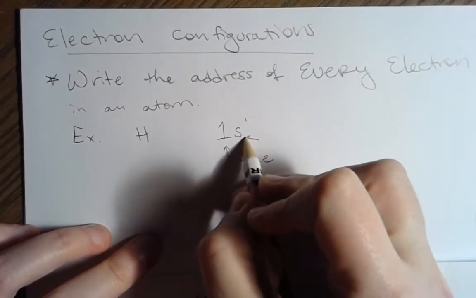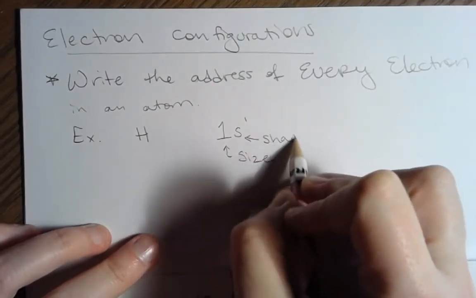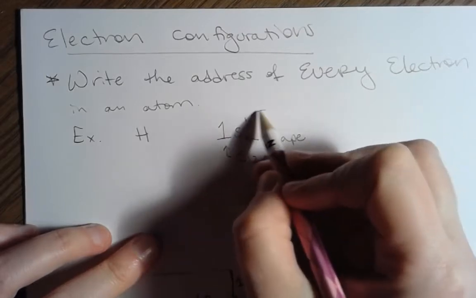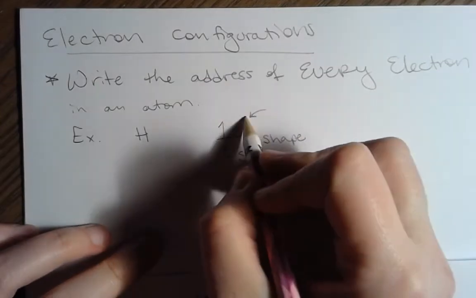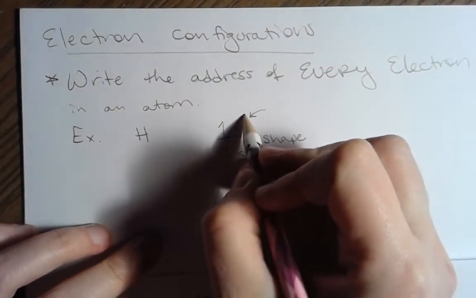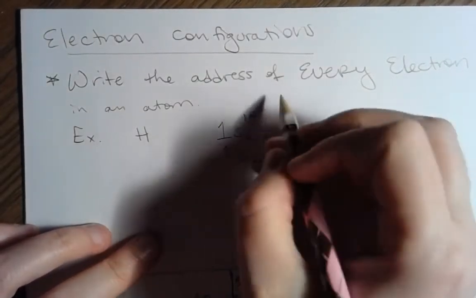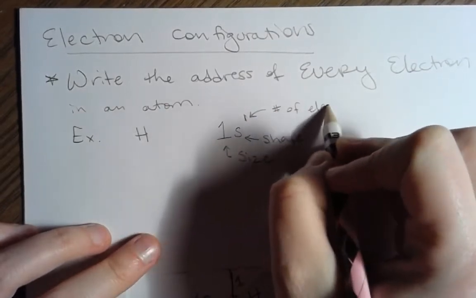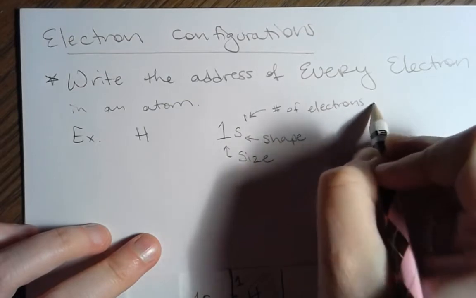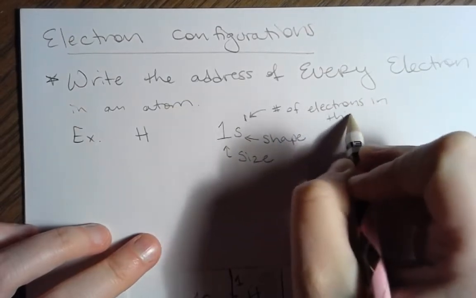The letter is shape. And the little number up there that kind of looks like an exponent, it's not an exponent. This tells you the number of electrons in this orbital.